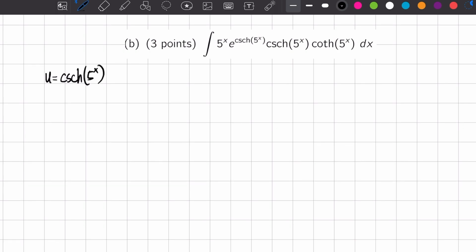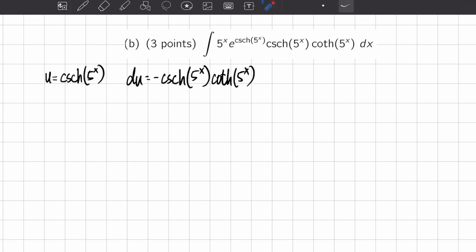the du that we will obtain is first the derivative of your hyperbolic cosecant, which is negative hyperbolic cosecant of 5 raised to x times the hyperbolic cotangent of 5 raised to x. But you have to multiply by the derivative of the one inside, which is 5 raised to x ln 5.